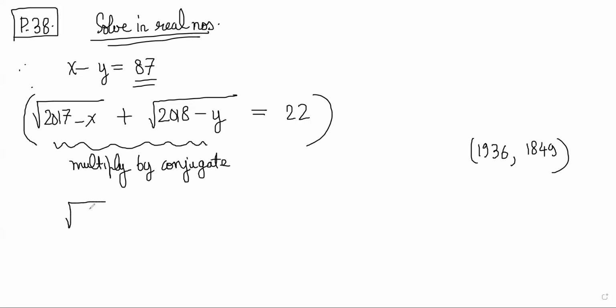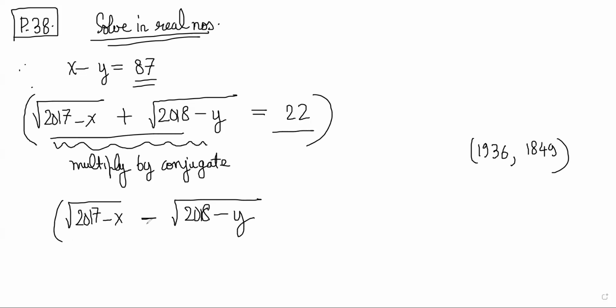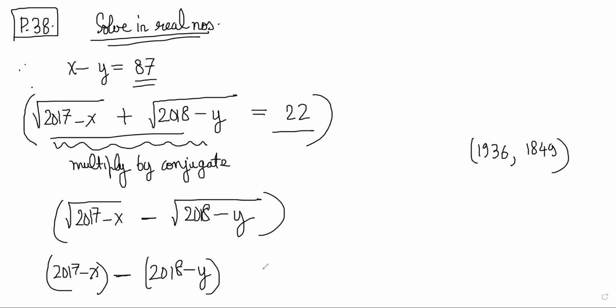We can say root over 2017 minus x minus root over 2018 minus y, right? Yes, sir. If you multiply both sides of this equation by this quantity, on the left hand side, we will get a square minus b square. So it will become 2017 minus x minus 2018 minus y, right? Yes, sir.